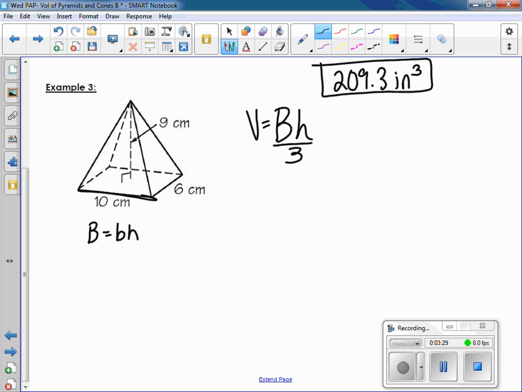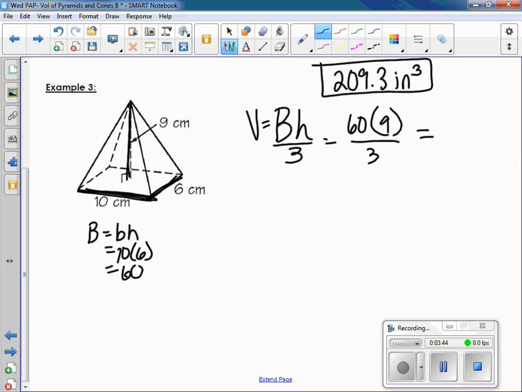And in this case, we're talking about this base and this height. So it's going to be 10 times 6, which is 60. So I've got 60 times the height of the pyramid. I'm going to divide by 3. So 60 times 9 is 540. When I divide that by 3, it gives me 180 centimeters cubed.